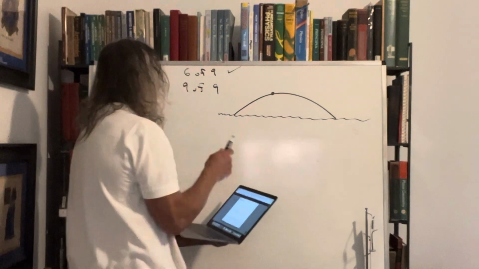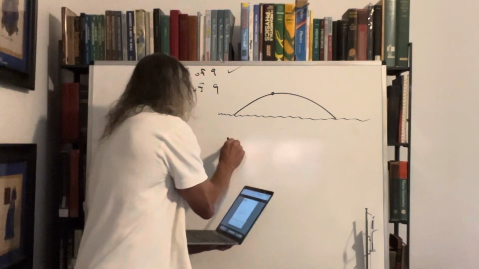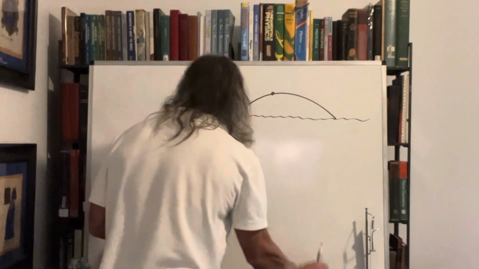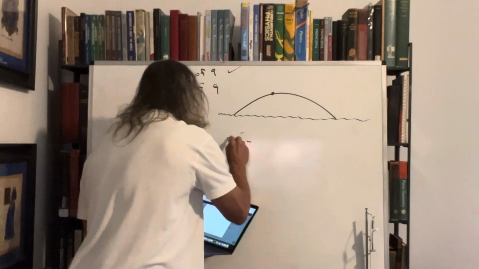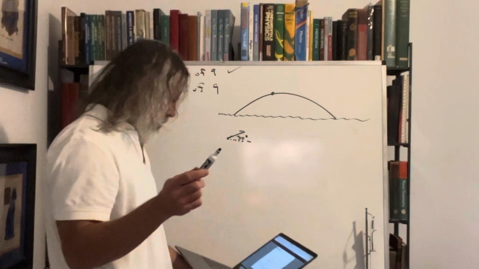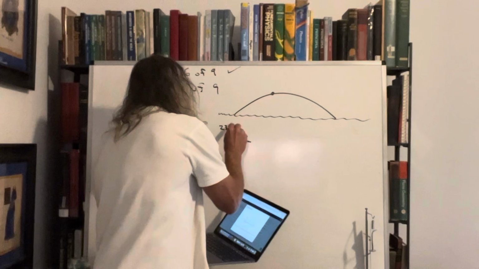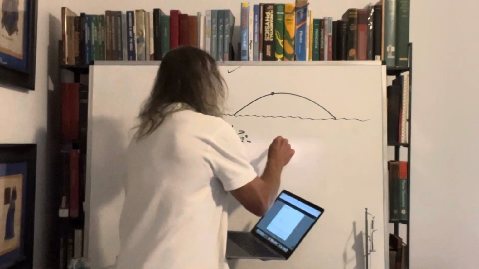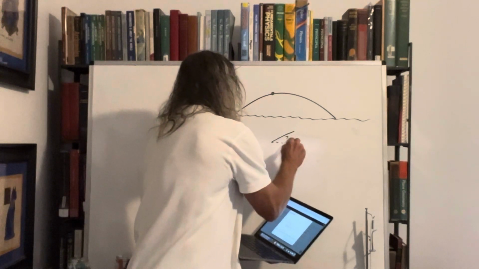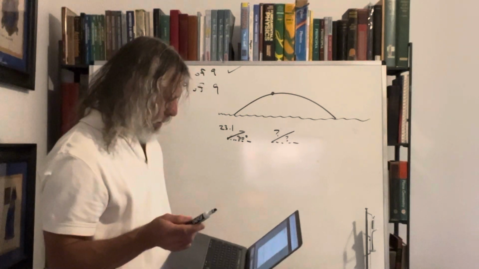And so when it starts out, it's at 30 degrees, the velocity vector, 23.1 meters per second. And at P, we don't know the angle and we don't know the velocity. We got to figure out what's going on.